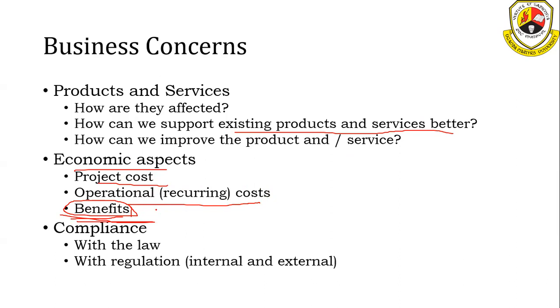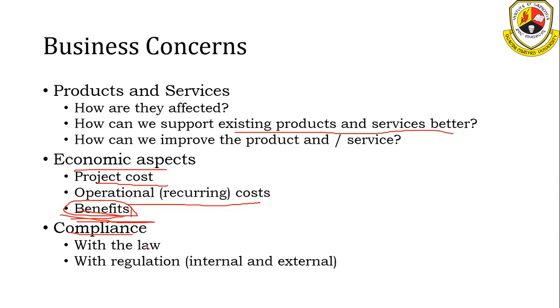Take an example. If we can reduce other media advertising like television and newspapers, and go to social media, that is a very good economic aspect that one can think of.